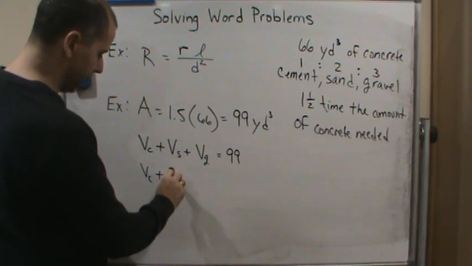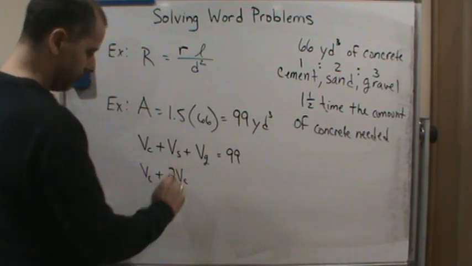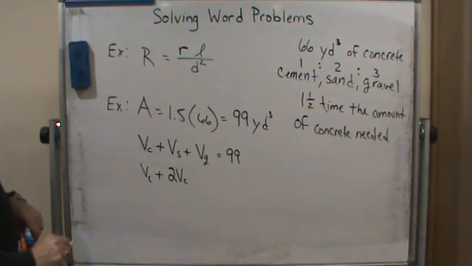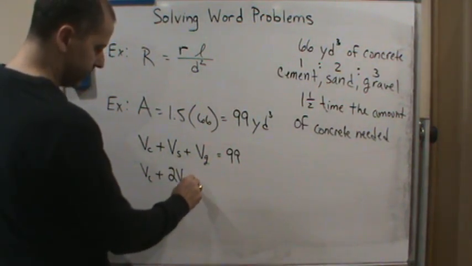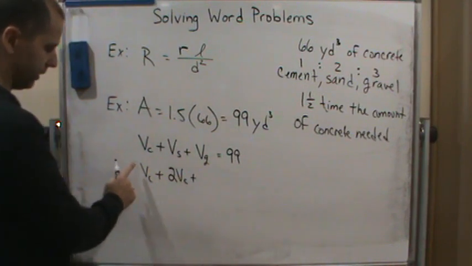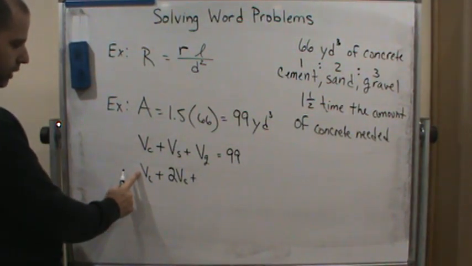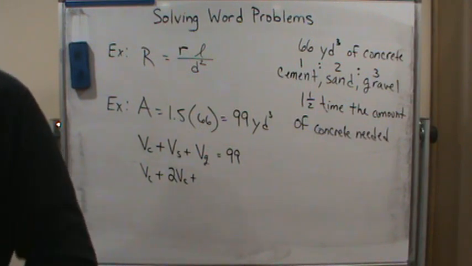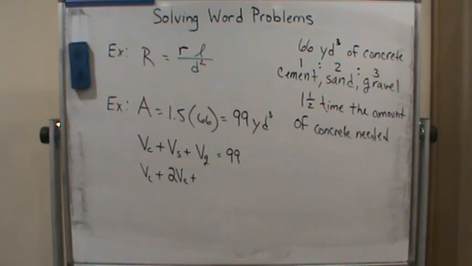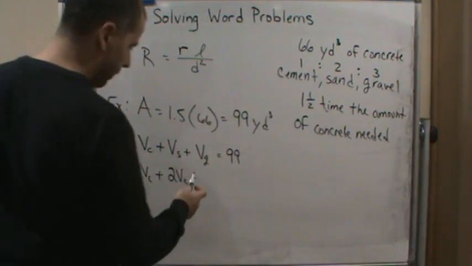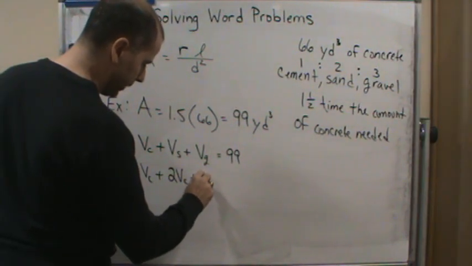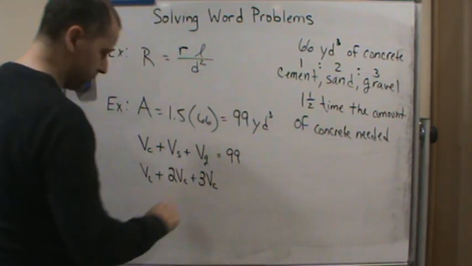I need 2 times the volume of cement. And the amount of gravel I need in relationship to the amount of cement is 3 times as much. So the amount of gravel is going to be 3 times the volume of cement.